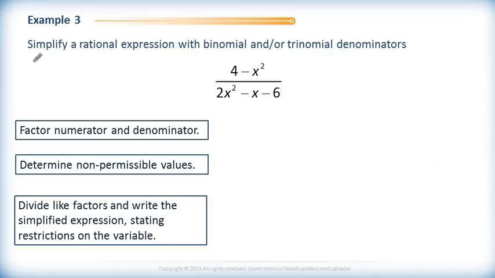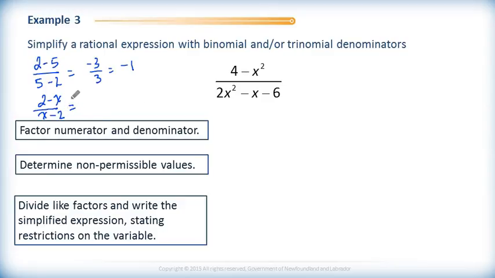Now, before we really start this example, let's have a look at this idea. If I have something like (2 minus 5) over (5 minus 2), the result of that division is actually negative 1, because we'll get negative 3 over 3 equals negative 1. Likewise, if I have (2 minus x) over (x minus 2), we'll get negative 1.